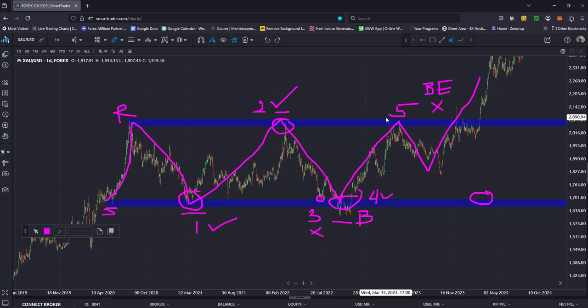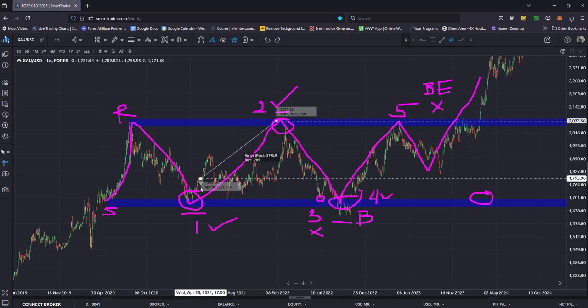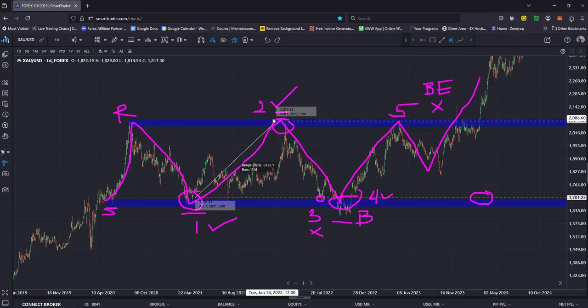And the point of it is, if we actually talk about pips here, just for example, let's say when we got in here, and this market, let's say this was 350 pips. So we won 350 pips. We won 350 pips again on the way down. Let's say this trade here, so that's 700.